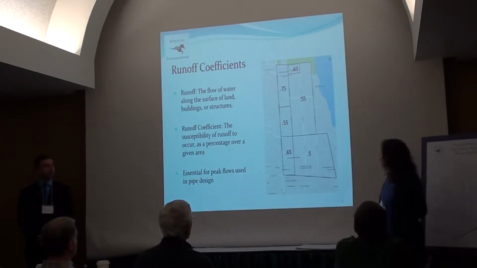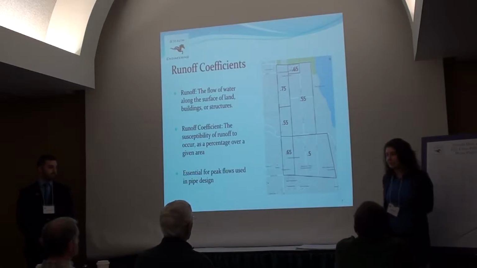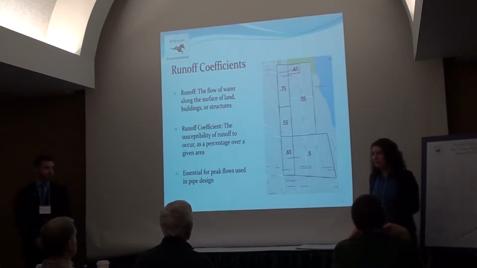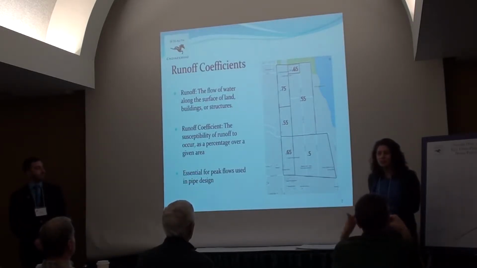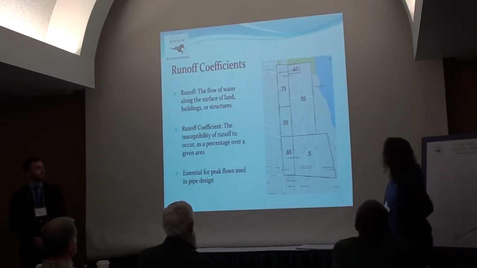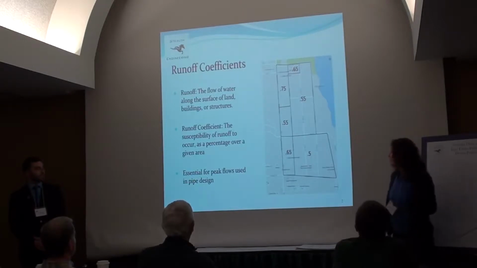So these coefficients come from the percentage of land that is developed in each area. The 0.75 refers to 75% of the area being developed with things like roads and sidewalks, which promote runoff. These coefficients were used to determine peak flows in our pipe design.